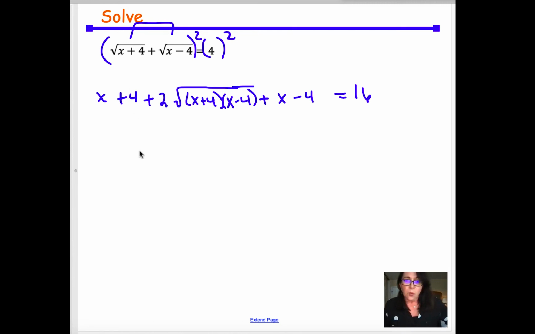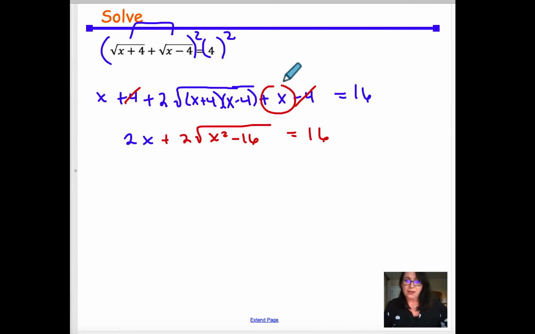So what I do now is just keep working this out. I've got x plus x, so I've got 2 x's. It does look like my 4's are going to cancel. I still have plus 2 times this quantity, which I'm just going to change to be x squared minus 16. And then this equals 16.